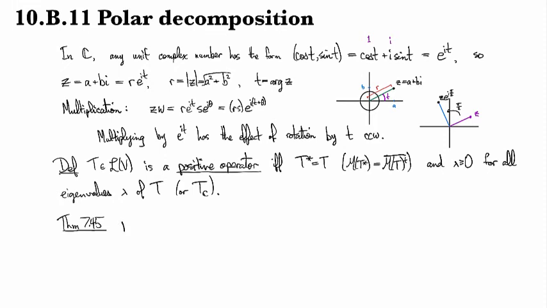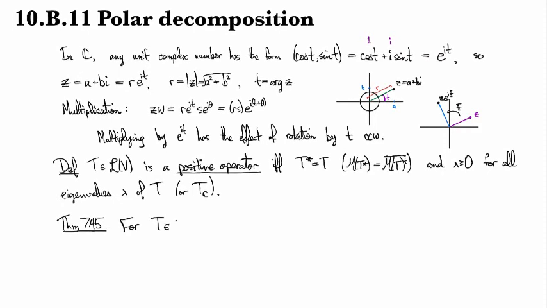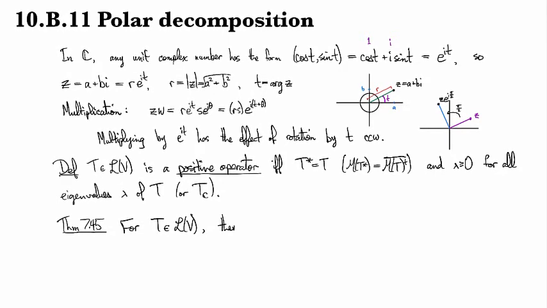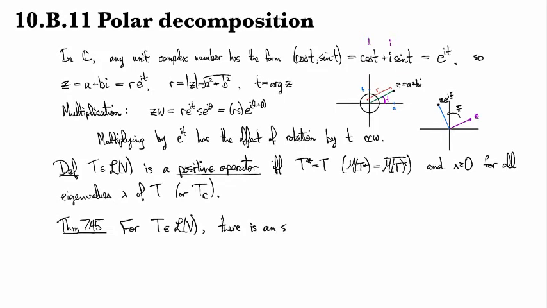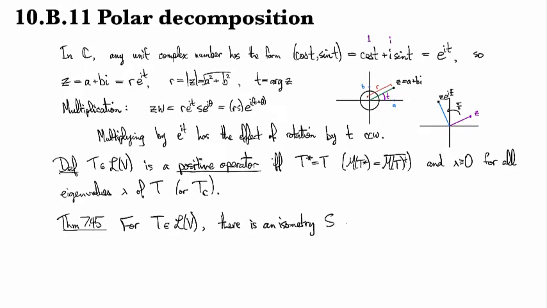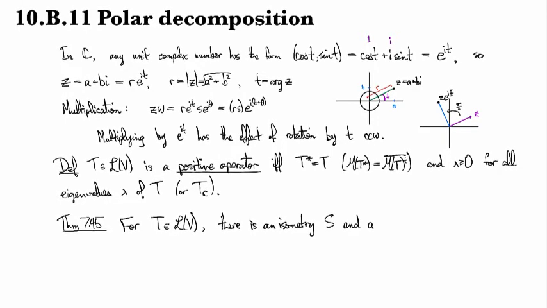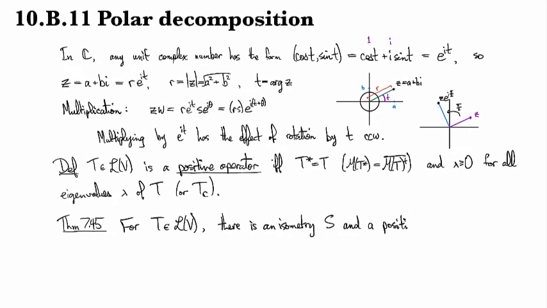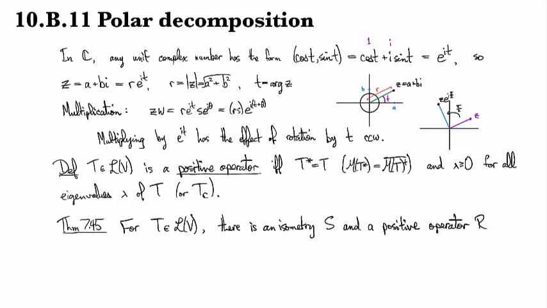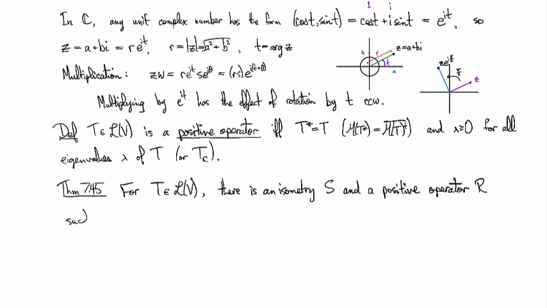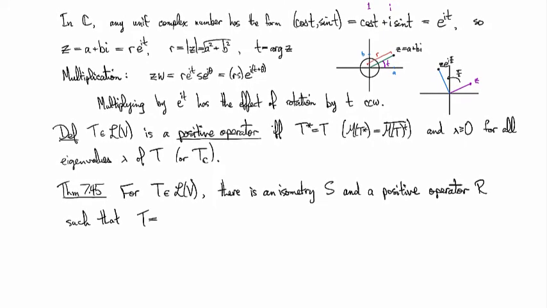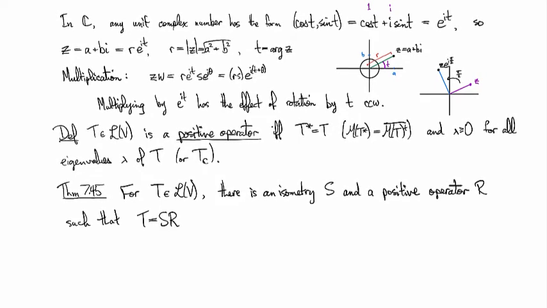It says that for any operator T, there is an isometry S and a positive operator R such that T equals S times R.